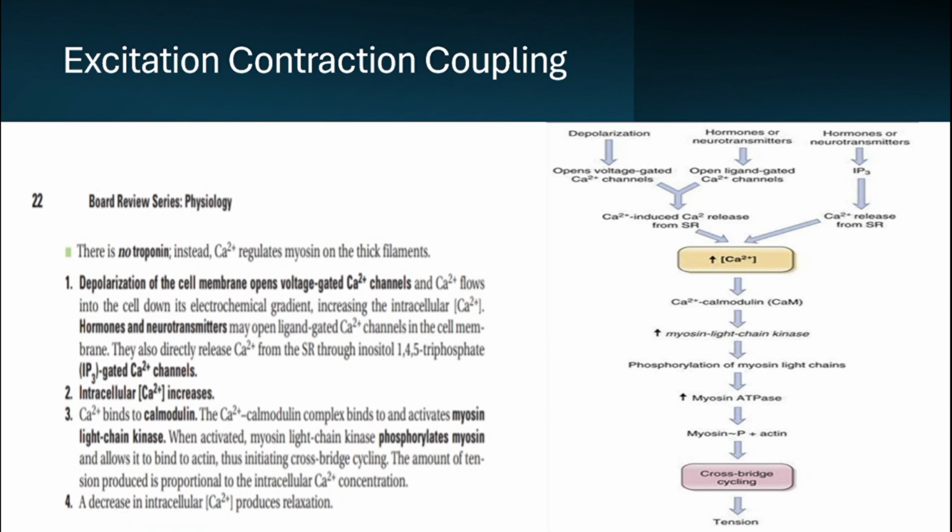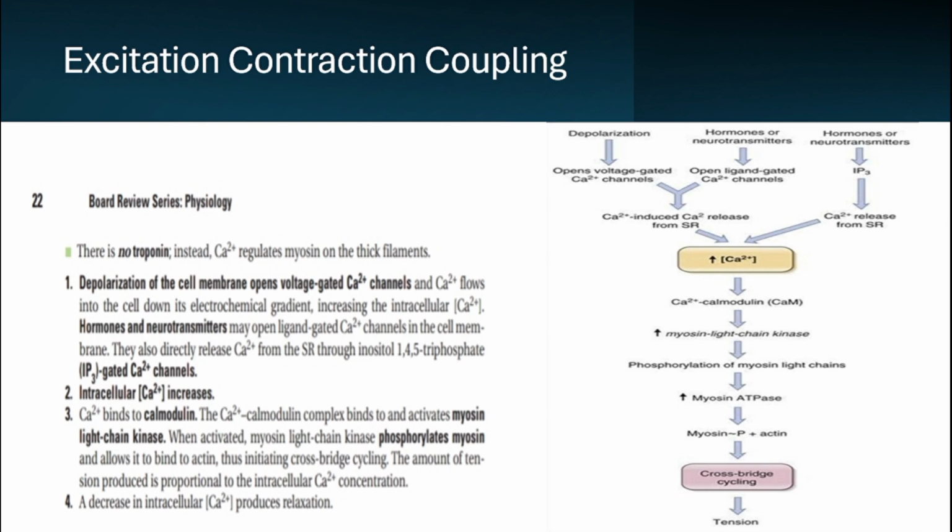Okay, so when the intracellular calcium increases, calcium binds to calmodulin, and we have a calcium-calmodulin complex. The calcium-calmodulin complex activates the myosin light chain kinase. When activated, the myosin light chain kinase phosphorylates myosin.